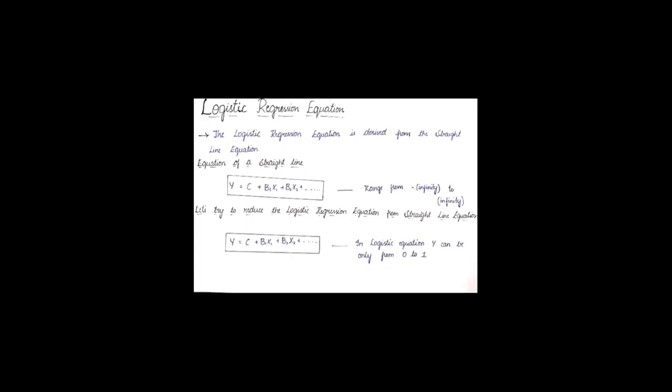But in the logistic equation, the value which we need to predict can have a range only from 0 to 1. So in that case, we need to transform this equation. To do that, we divide the equation by 1 minus y. Now if we take y equal to 0, we get 0.